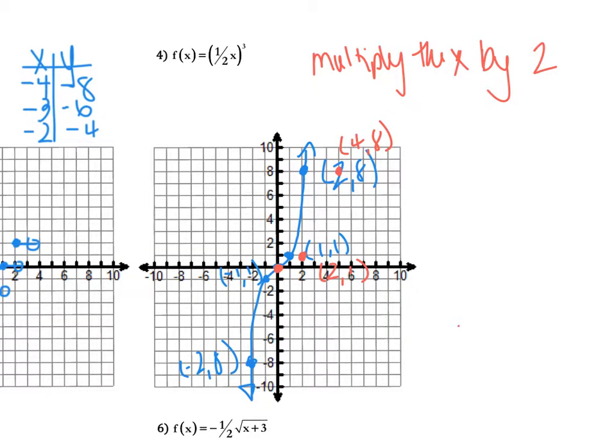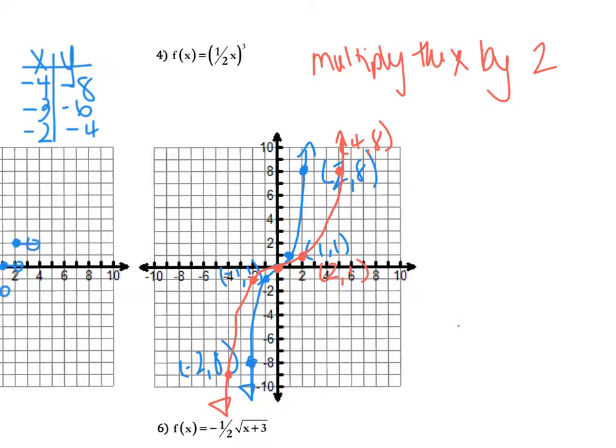Okay. And then the pattern is going to work on the other side as well. So we're going to go to -2, -1, and then -4, -8. And here is our new graph.